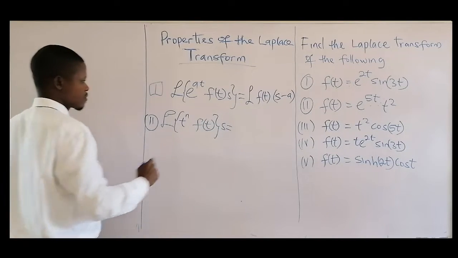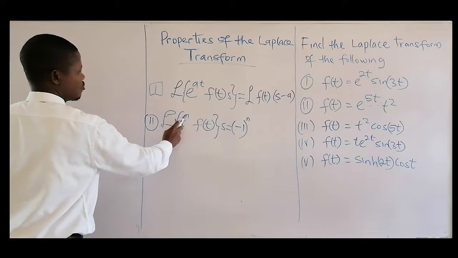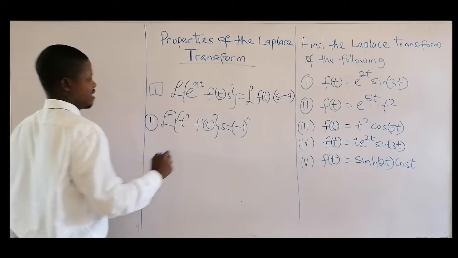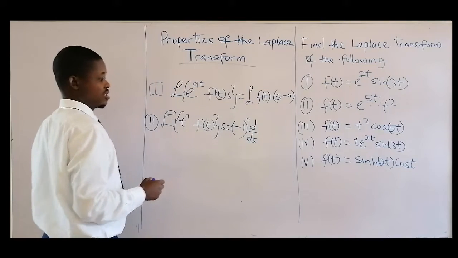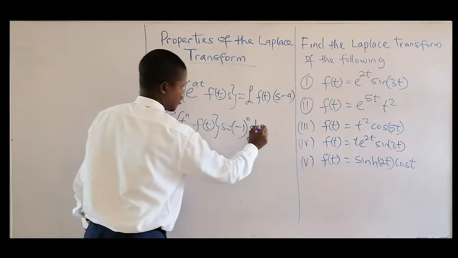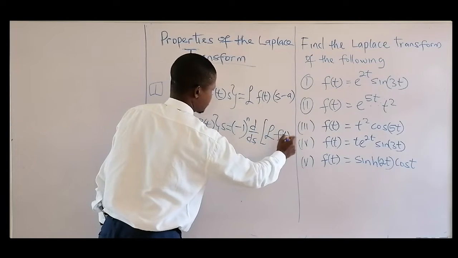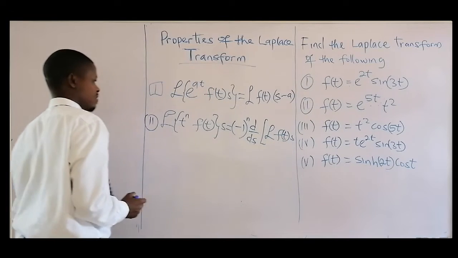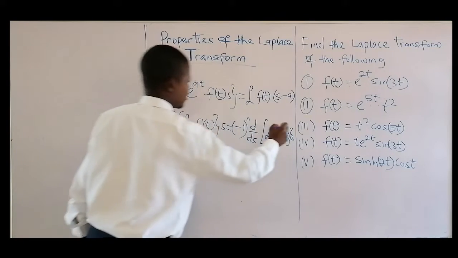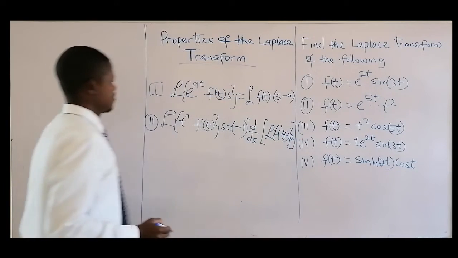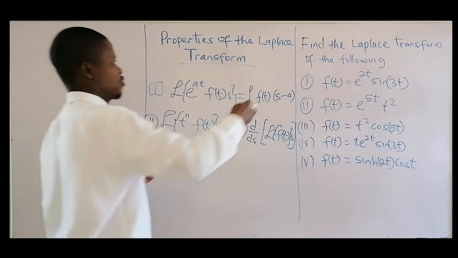This will be equal to minus 1 to the power n, your n is 2 here, and that will be d^n/dx^n, the differential coefficient with respect to x, of Laplace of f of t. Then you can close this bracket here. So that's the two properties of Laplace.